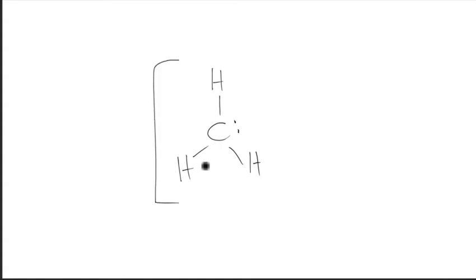Now, in a lot of examples, you may see brackets around the molecule and the negative charge on the outside. That's okay for an introductory class in chemistry, I think.